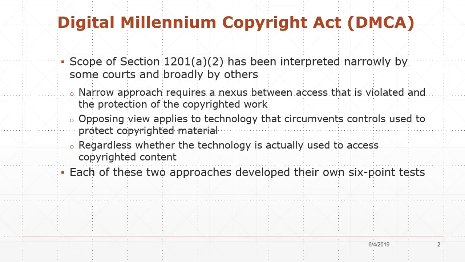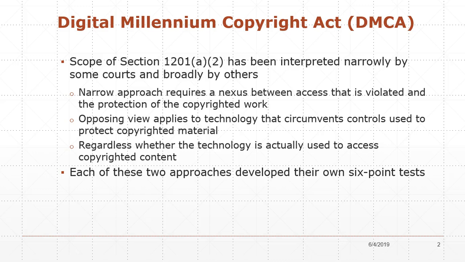The narrow approach in the case of 1201(a)(2) requires that a nexus exists between the access that is violated and the protection of the copyrighted work. So in other words, there is an access protection. It's broken, it's violated, and access is given to the copyrighted work.